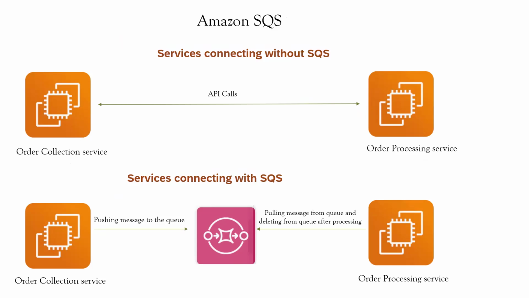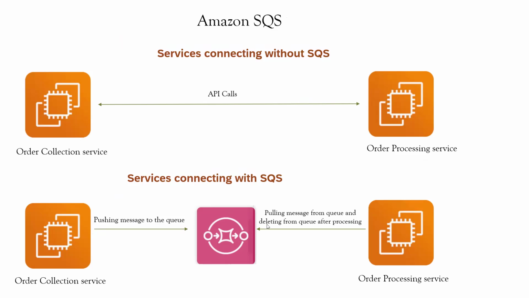Even after two or three retries, if it fails, the message is lost, and that particular event or transaction is completely lost. That is what we may face when we are not using any queueing service or middleware in between.